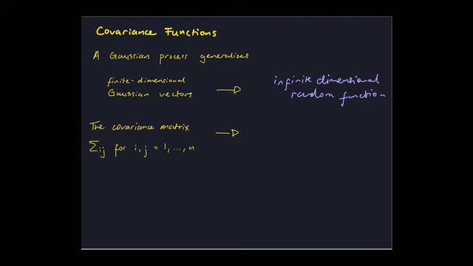If a Gaussian random vector is described by a covariance matrix, then a Gaussian process is described by something we call the covariance function, which tells us, at two different inputs, what the covariance is between the function at those inputs. So that's how the covariance matrix gets generalized.